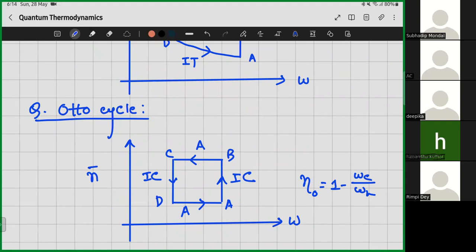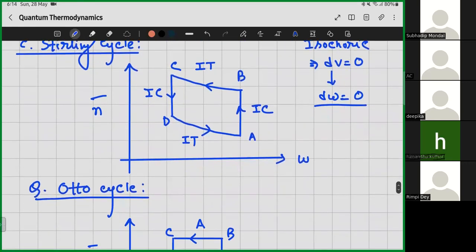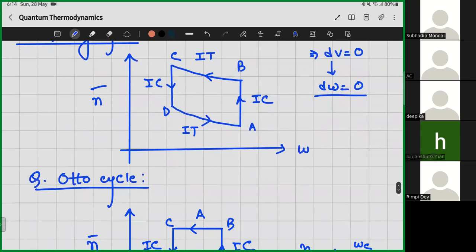But at the end we have to describe some engine based on quantum processes. That's why we always need some prescription for how to define the volume there, how to define the isochoric process. We don't need to define volume, because we can define the isochoric just using the frequency.